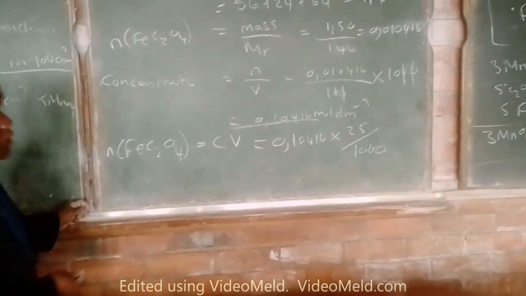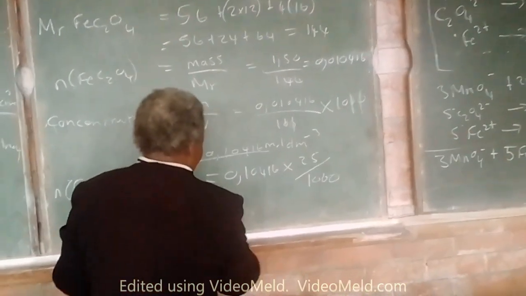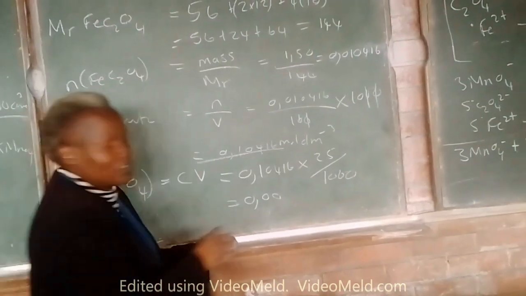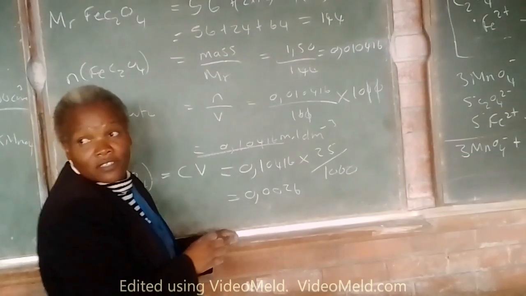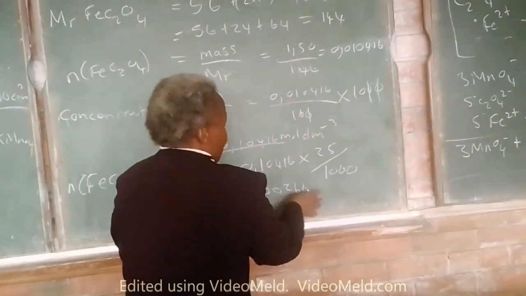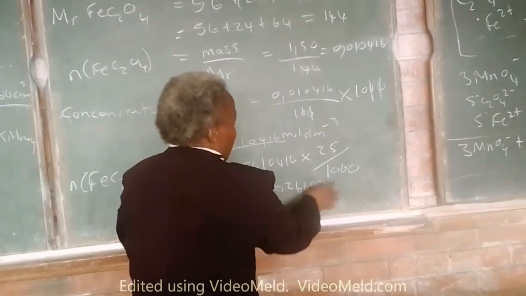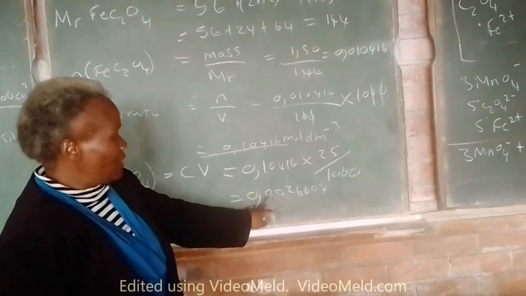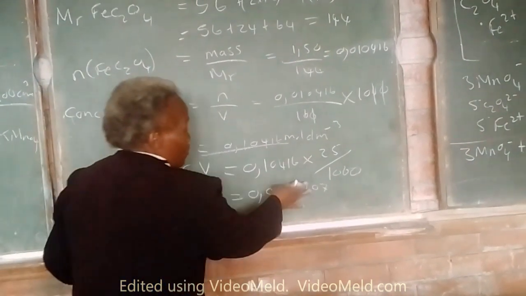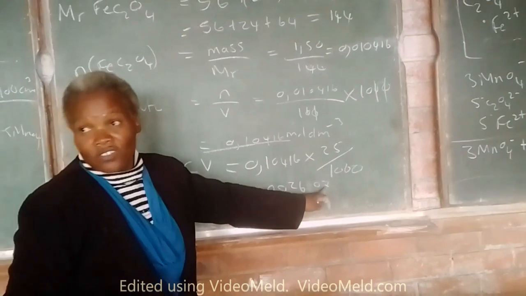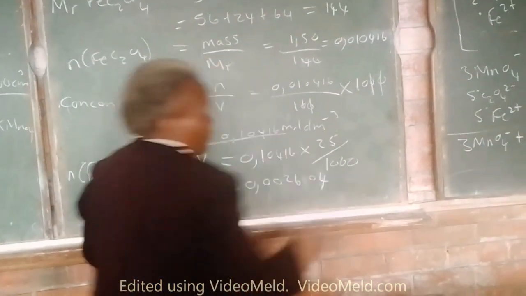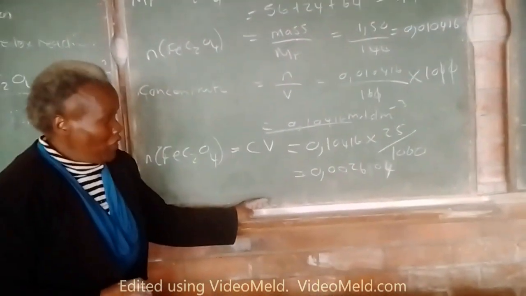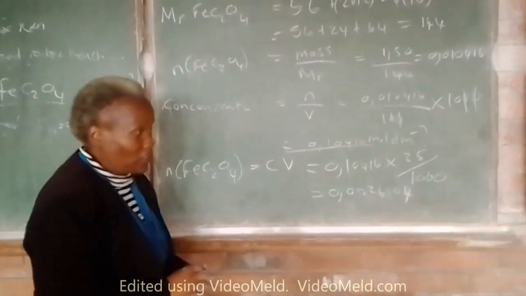Those in the background, if I do this, how much do I get? 0.002604. Please don't remove it from your calculator, leave it like that.